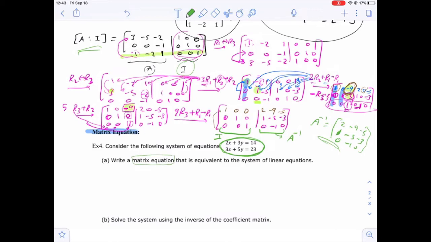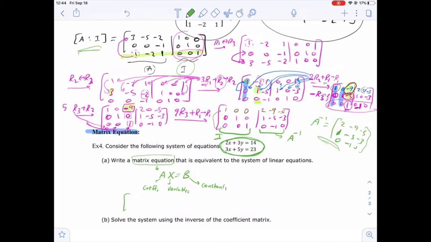What do we mean by matrix equation? A matrix equation is an equation that's written using matrices. It can be written this way: AX equals B, where A is the coefficient matrix, and X is the variables, and that's just one column, and B is the constant matrix.